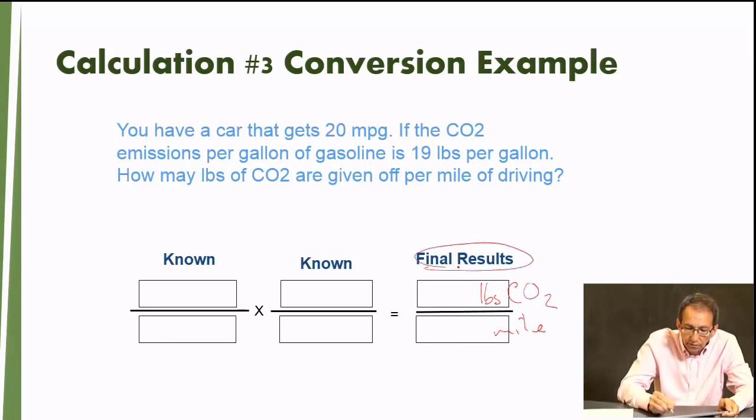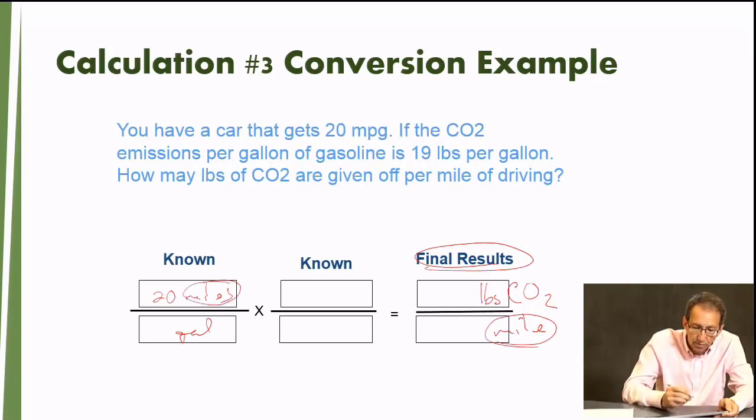The units on the final result help a lot. So what we do know is that we're getting 20 miles per gallon. Now, where do I put the 20? If I put 20 miles per gallon up here, I have a problem because my miles is down here and this miles is up here. I really want miles on the bottom, so I'm going to erase that, say that was a mistake.